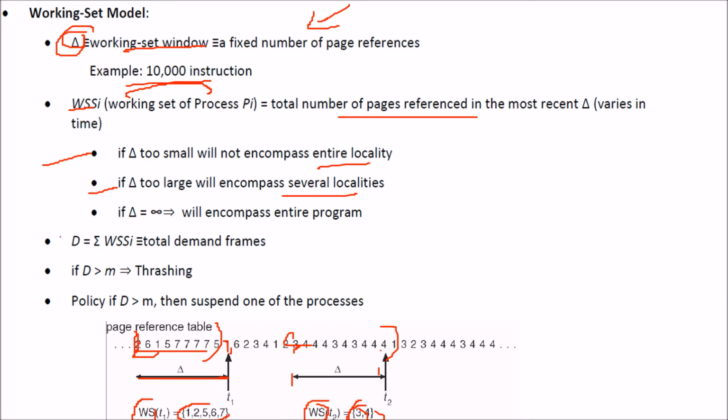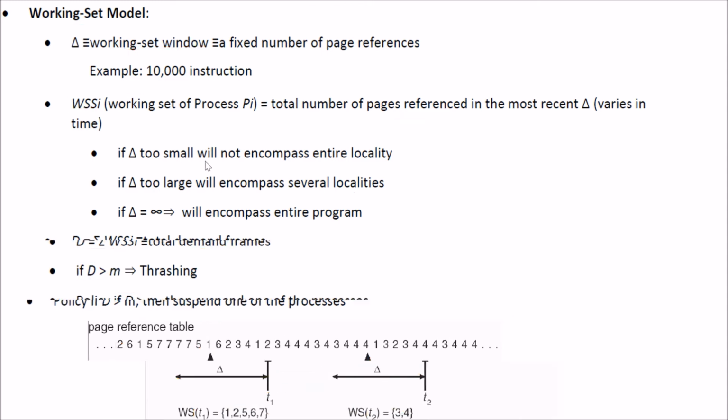So what we do here is take D, which is the sum of all these working sets, and this is the total demand for frames. If this demand D is greater than M, the available frames, a process requires more frames and is not getting them, so there will be thrashing. So what is the best criterion? The policy is, if the working set summation is greater than what is available, we just suspend that process.